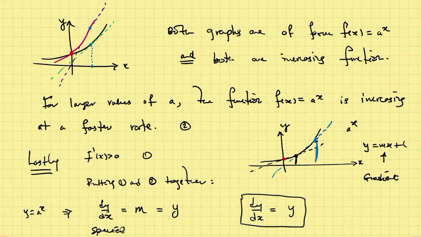So we can now use this condition to say a little bit more. To continue with our train of thought, we know that there's a special a. I'm going to call it a_special, very unimaginatively, such that when I have the function a_special to the power x, it's got to satisfy this condition.